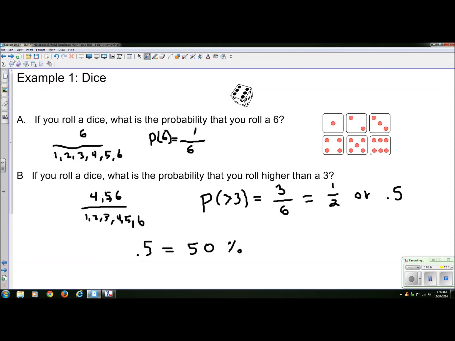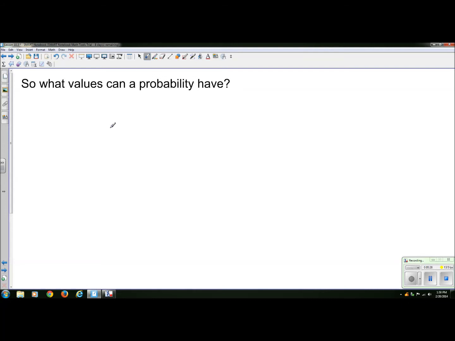What if my problem was you roll a dice and I want to know what the probability is that you roll a 7? Well, you can't roll a 7 because there's not a side of the dice that has 7 dots on it. So the probability of 7 is 0. There's the possibility that the conditions that you have on your event aren't possible, and that's going to give you a probability of 0 of that event occurring.